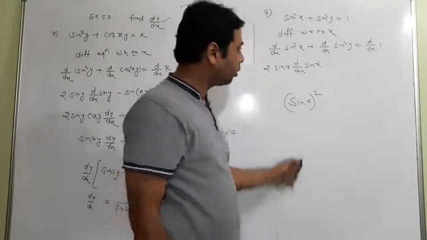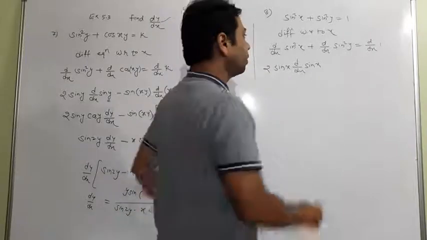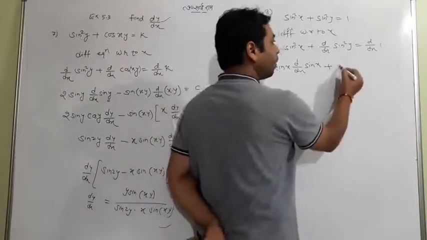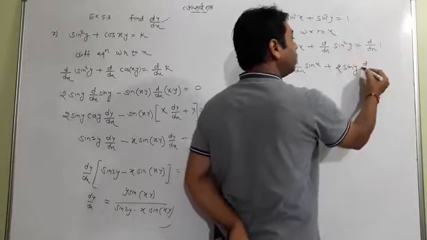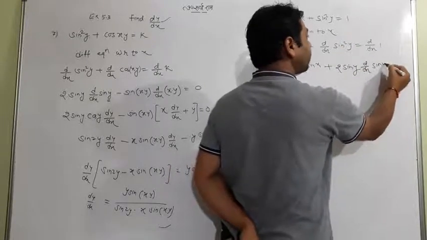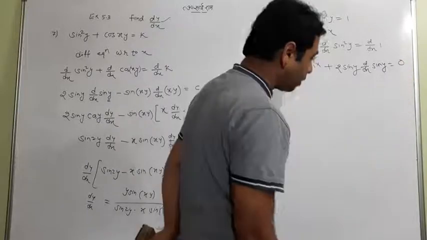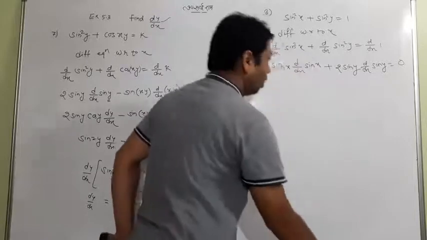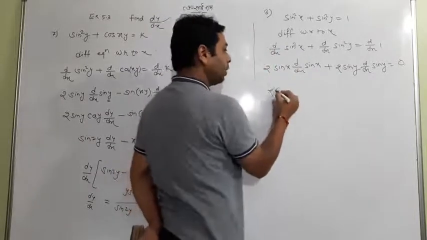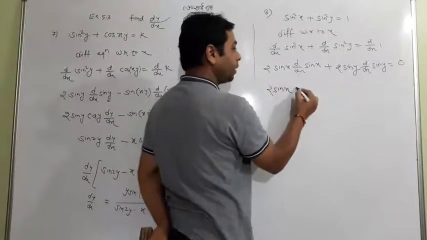Same I wrote here, so don't get confused about that. Plus the same I'll write here, 2 will come in front, 1 will decrease from the power, d by dx of sin y will remain, and d by dx of 1 is definitely equal to 0. Now what about next? Sin x, d by dx of sin x is cos x.